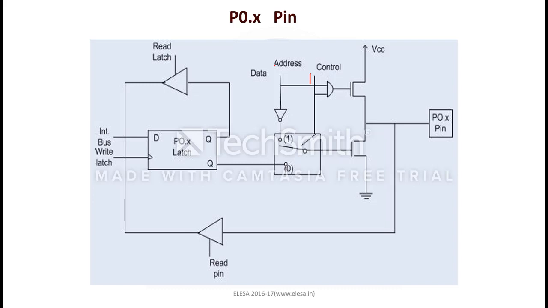When sending a high bit as address, that is 1, the output of the AND gate will be high, which turns on the MOSFET 1. The address bit is inverted by the inverter, that is the NOT gate, so 0, that is the inversion of 1, will be selected by the mux and it is passed, which further turns off the MOSFET 2. So the final output will be 1. Hence the higher address data bit is passed.